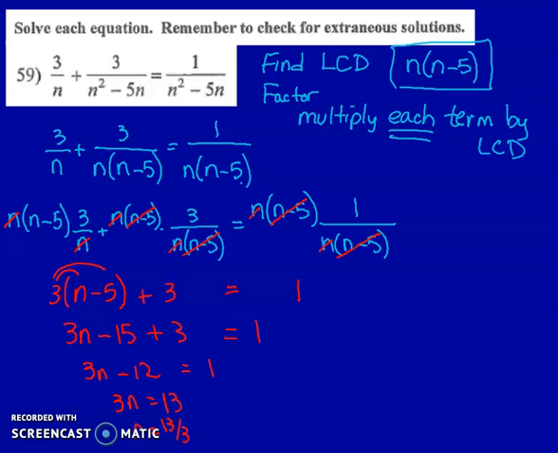All right, one last step. Check your answer by substituting it back into the original equation, and for this one you can use a calculator to make your task easier. But do remember to check your answers, because not all equations have solutions, and you will sometimes have extraneous solutions.